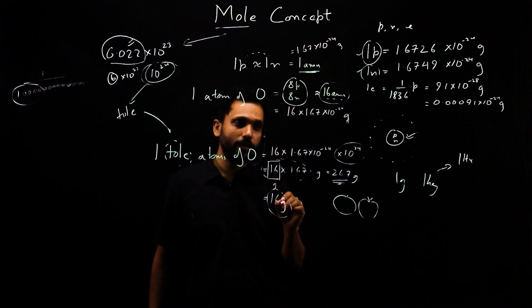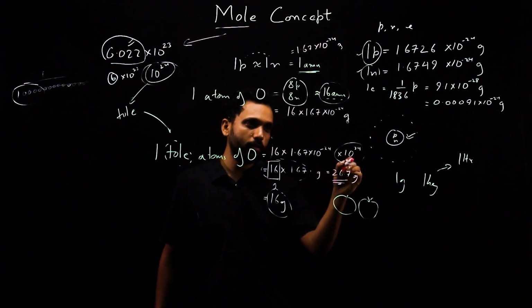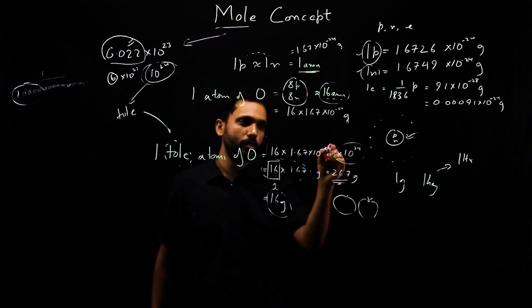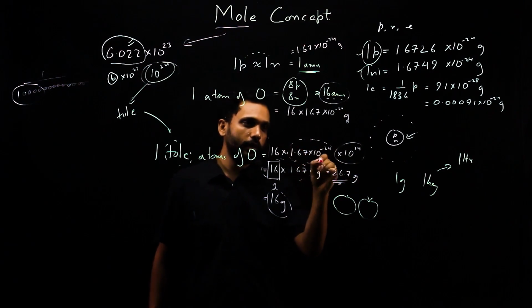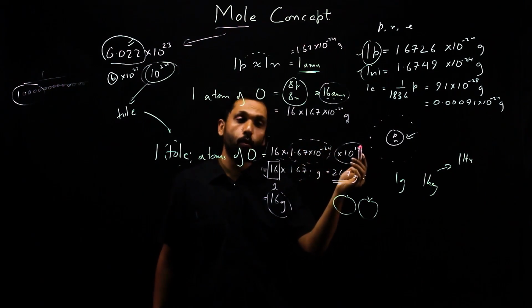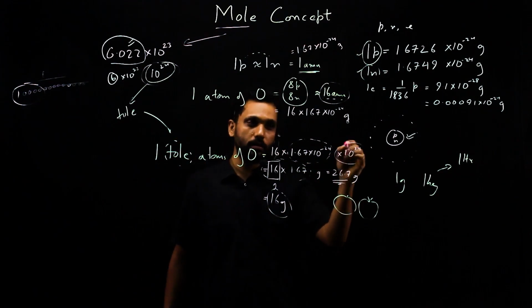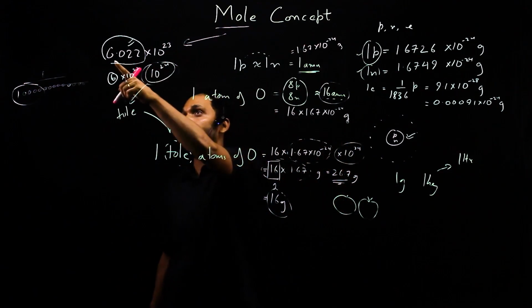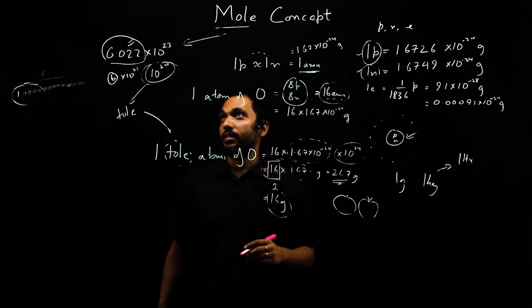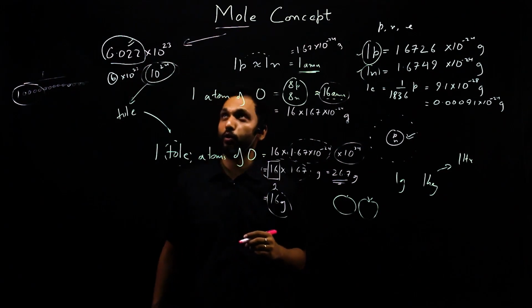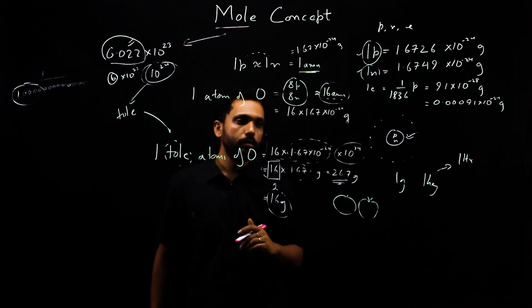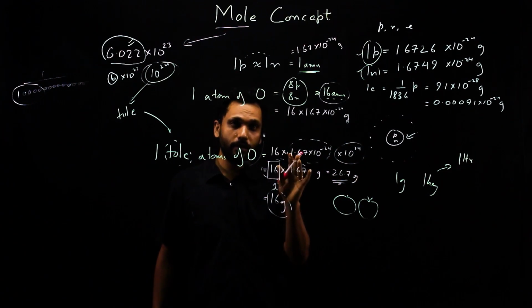So to get the answer as 16 grams, I'll modify this number. What we want over here is 1.67 into what shall make 1. That number comes out to be 6.022 into 10 power 23. I'm not going into the exact decimal places.